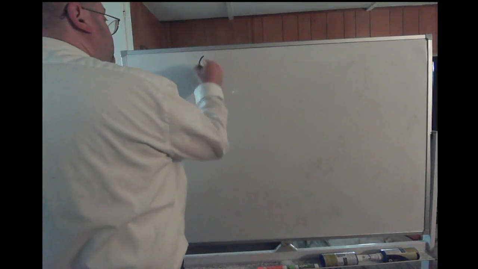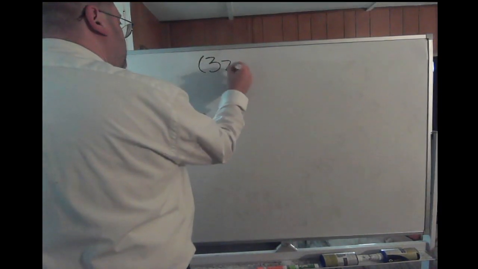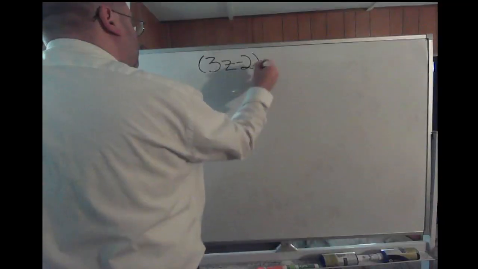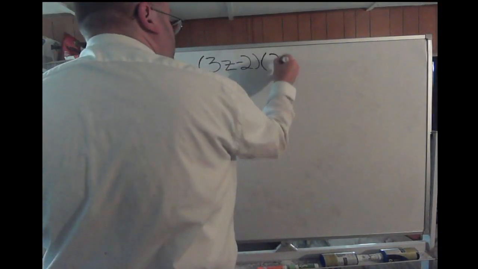2 more examples here. Let's see, we got 3, whoops, that's not right. 3z minus 2 times the quantity of 2z plus 3.